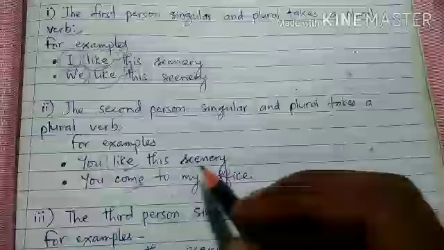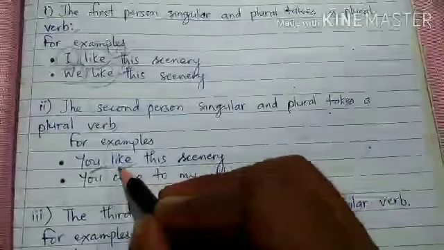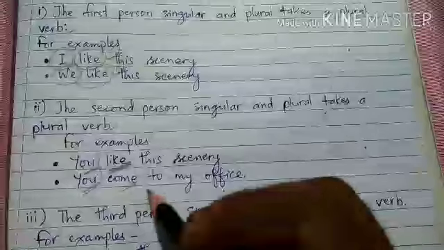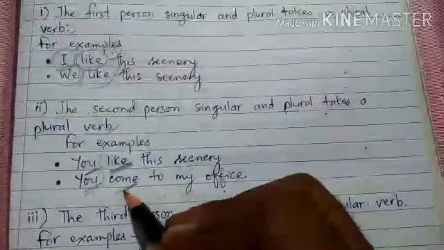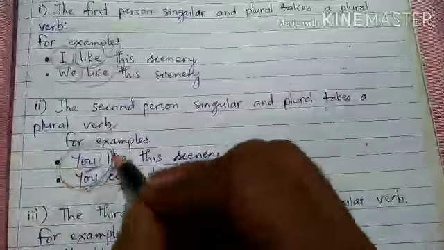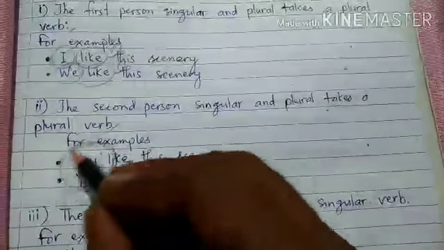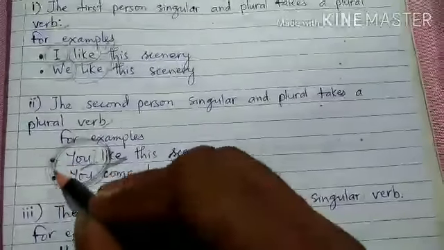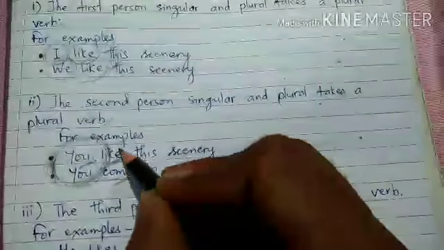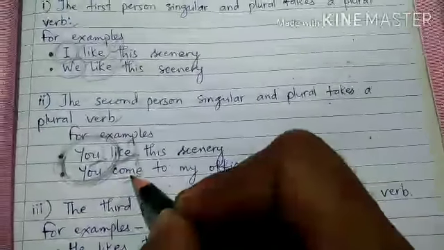Like, you like this scenery: you singular, like plural verb. You come to my office: you singular, come plural. Whether we use it as singular or plural, we use a plural verb.